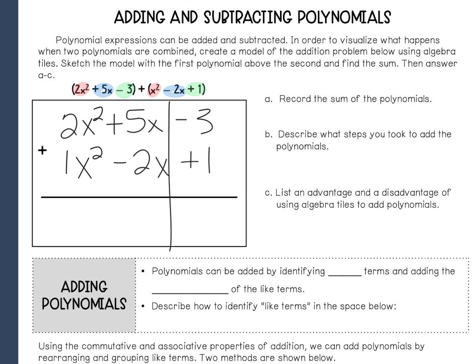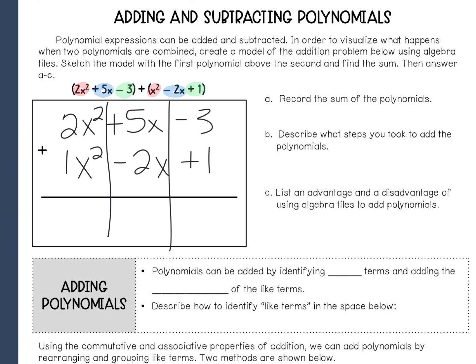This is kind of like what we did when we did elimination with systems. So if looking at it vertically helps you versus looking at it horizontally, whichever method is best for you, that's what I want you to do. Because everybody's brain works a little bit differently.